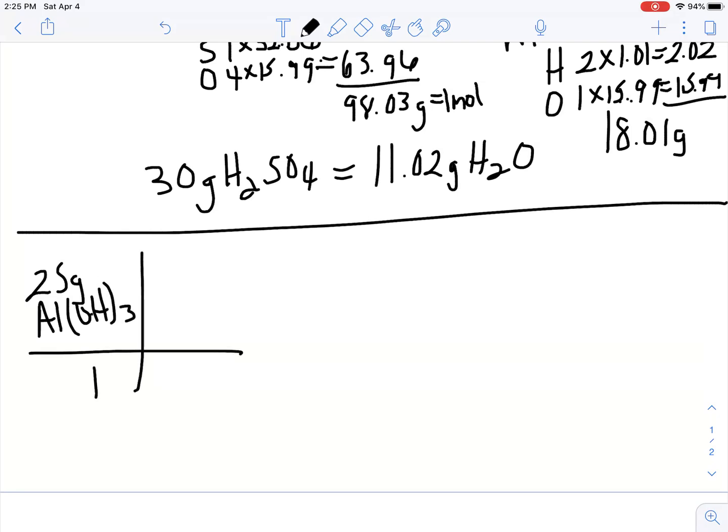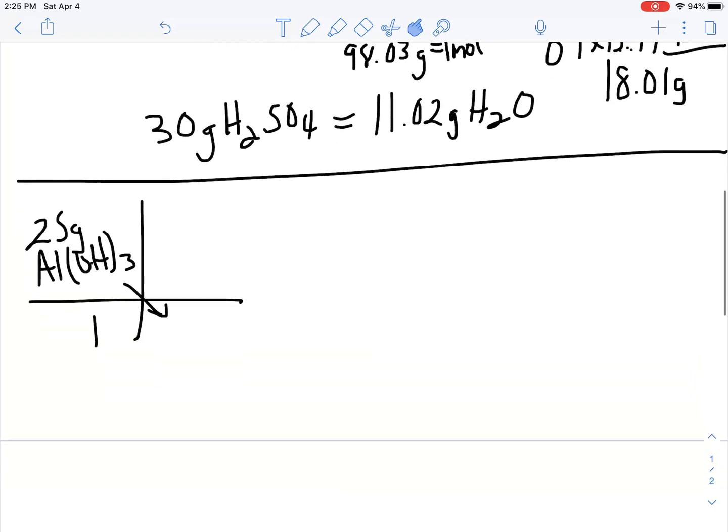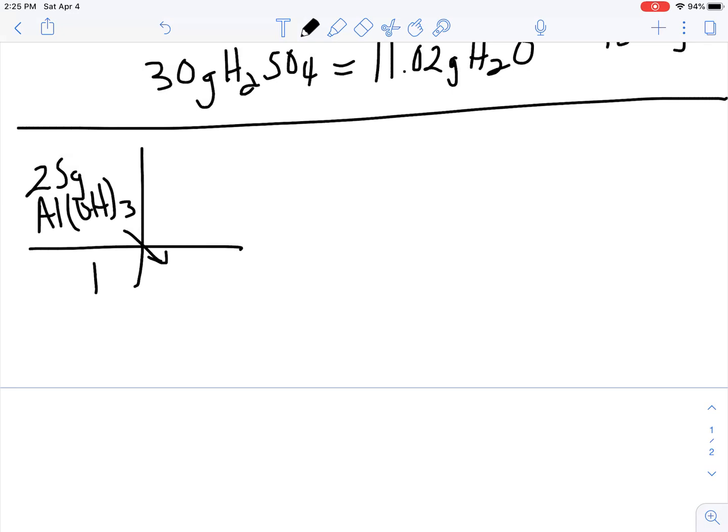That's going to go in my first T-chart. So what else do I need? Again, the molar mass of my reactant, aluminum hydroxide. We've got aluminum, there's 1. Oxygen, there's 3. Hydrogen, there's 3.